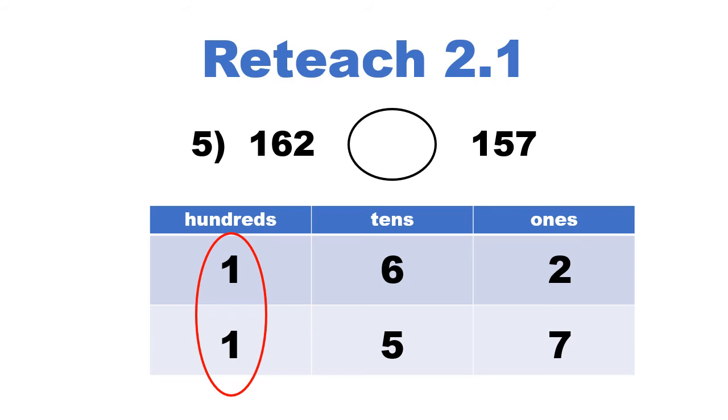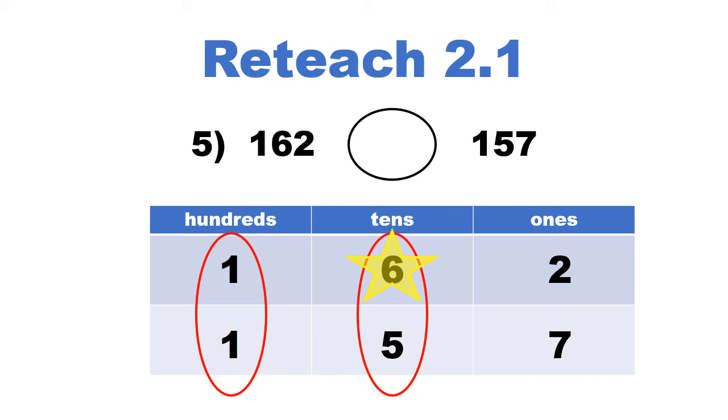But 1 is equal to 1, which means we have to move to the next place, which is the tens. Which one of those numbers is the greater number? That's right, it's the 6. So let that help you decide which symbol goes into the circle on number 5, and we'll check it in just a moment.